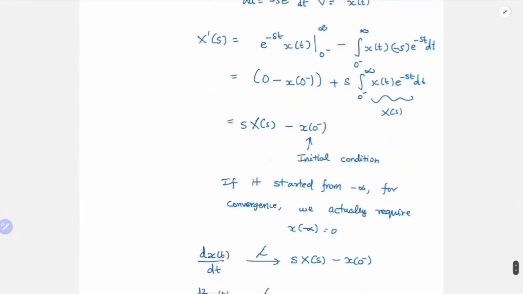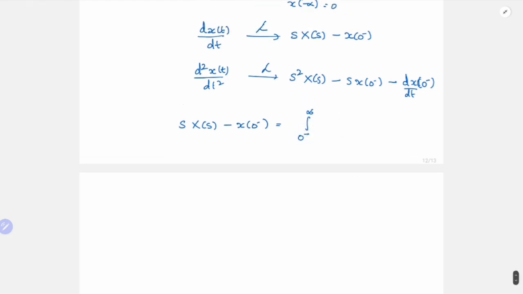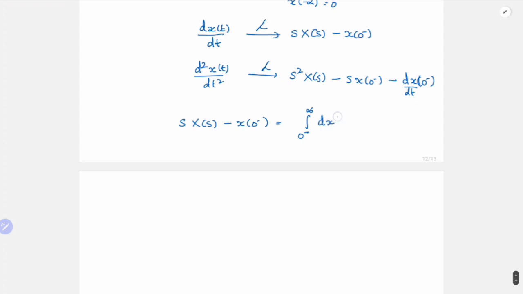So I'll again take this. s X of s minus x of 0 minus is nothing but integral minus infinity to infinity, and this is actually 0 minus, dx of t by dt e power minus st dt, right? And now if I take limit s tends to infinity, you can see this term will go to 0. But it doesn't go to 0 everywhere. Why?